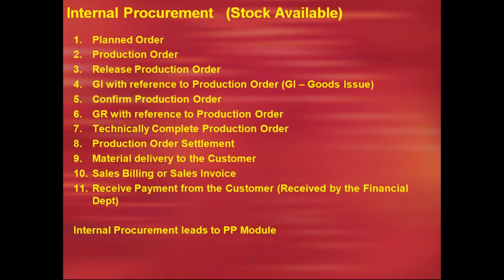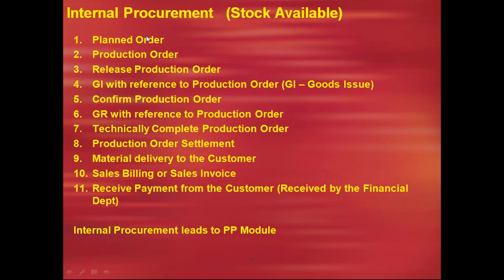Next, stock available. What is the meaning of stock available? The customer raised an order to the company. Now the company has got the business requirement from the customer. To execute it, the company is having the stocks of the raw materials. That is called stock available.